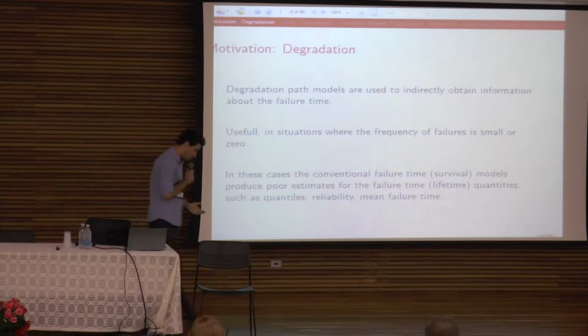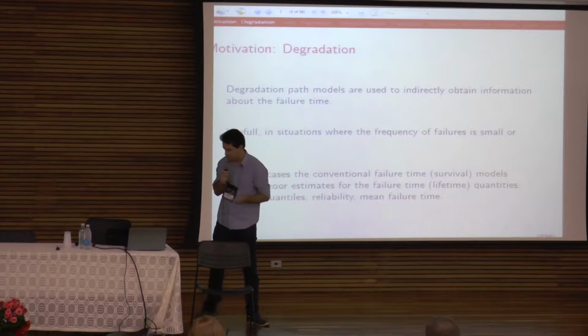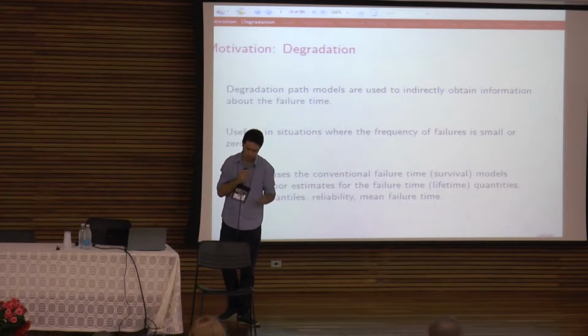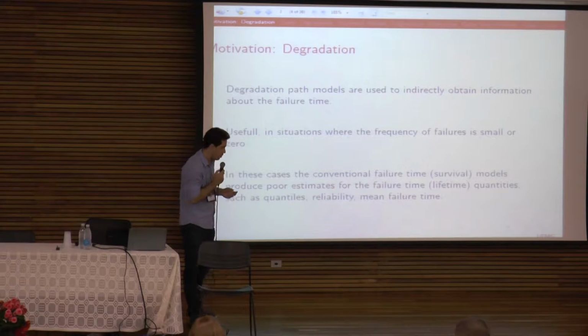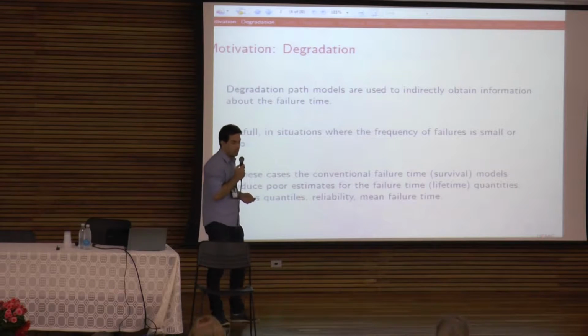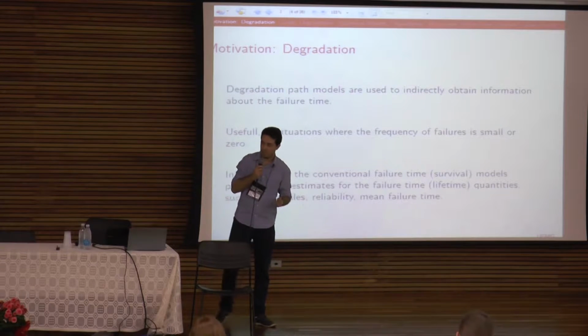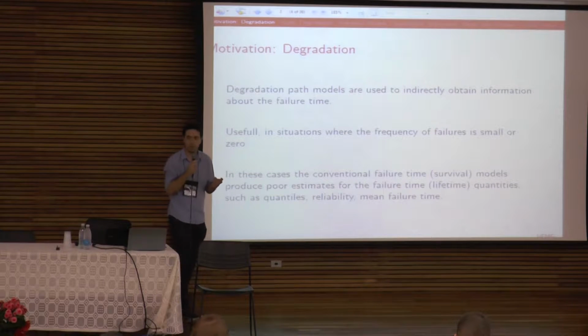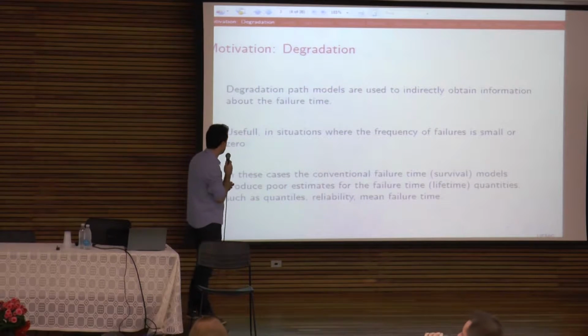Well, there are many situations where it's hard to observe failure. And in these situations, the estimates based on conventional failure time models become very poor because you don't observe as many failures to let the model capture the failure time distribution.